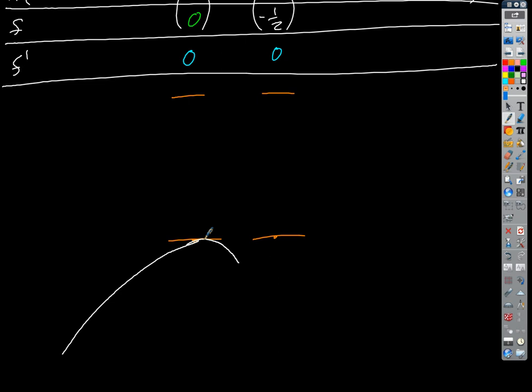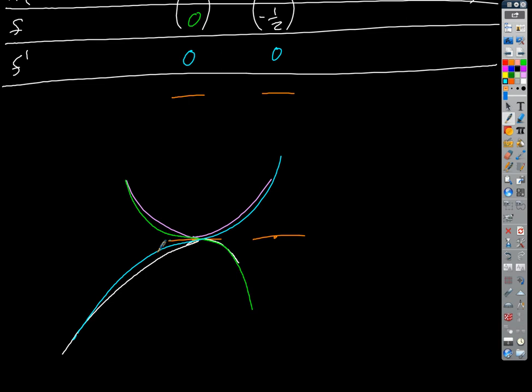We're out of colors here, but it could be doing something like that, or something like this, or something like this. That's it though, there's only 4. I don't know if the shape is right. Maybe it comes down here and goes like that, but you get the idea. In terms of the increasing, decreasing nature of the function, it's got to be one of those 4 things. There's no other possibility, right?